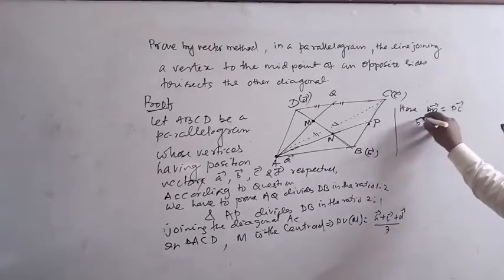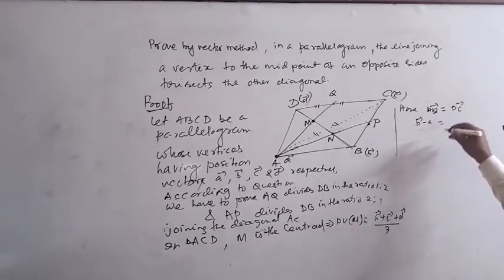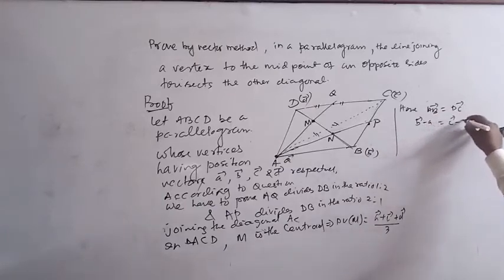AB means B minus A is equal to C minus D.